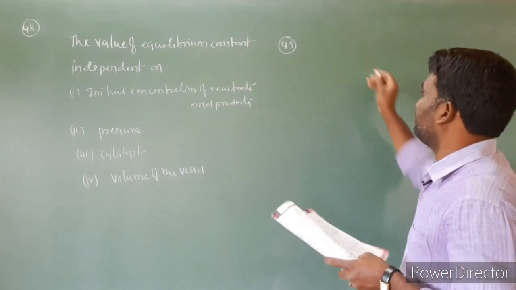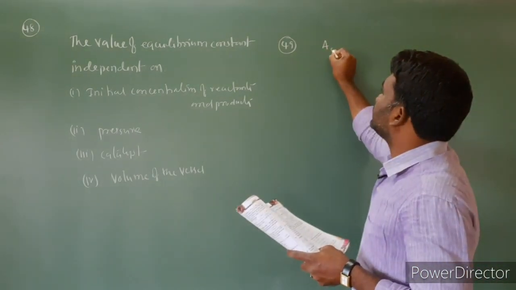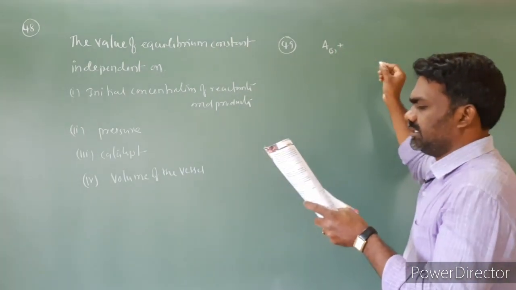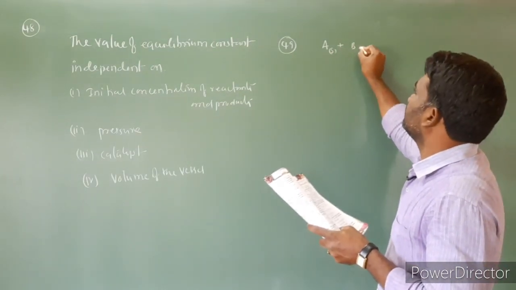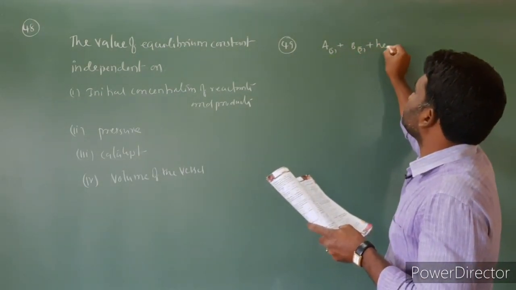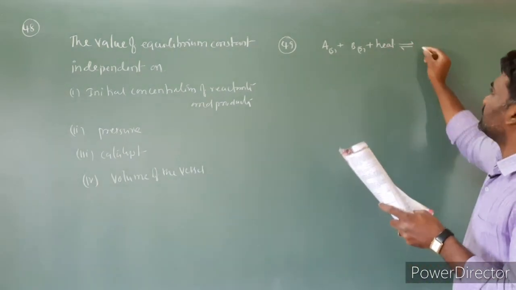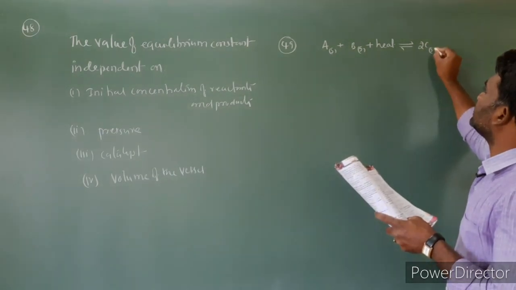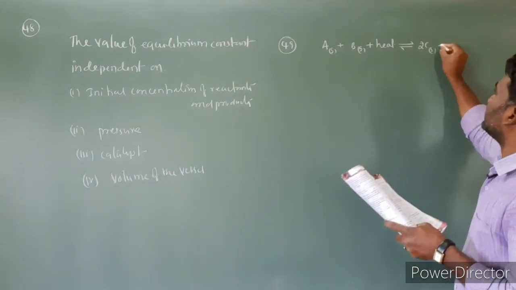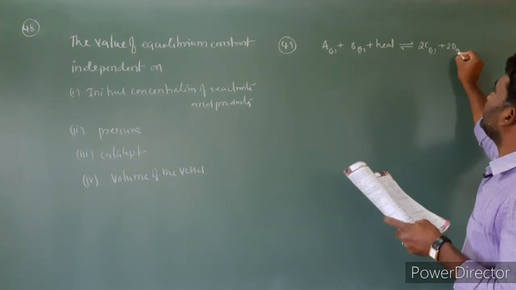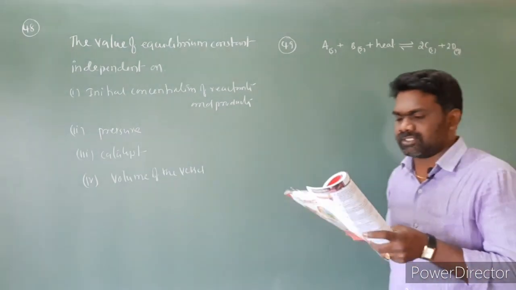First, let's write the equation. A is a solid, plus B gas, plus heat, gives rise to 2C, which is a solid, plus 2D, which is a gas. This is the equation given.